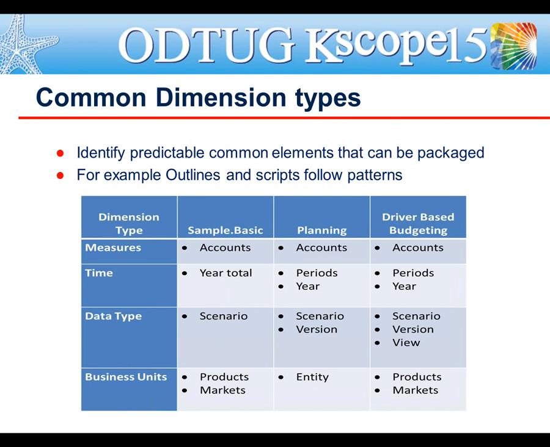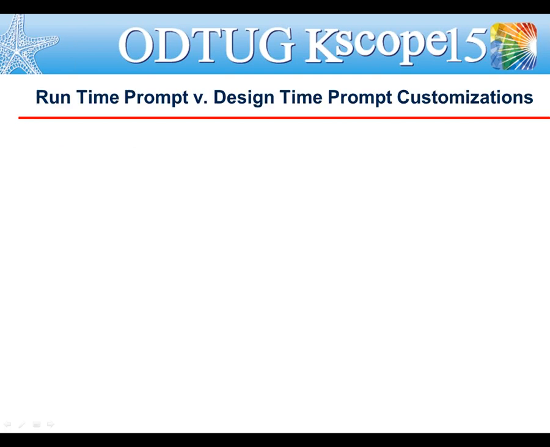Now, I associate the view dimension with driver-based budgeting example because I like to put my drivers on that dimension as an additional stored member, and we'll see that this is a very simple, elegant design that is very low maintenance. We'll see examples of that in a minute.